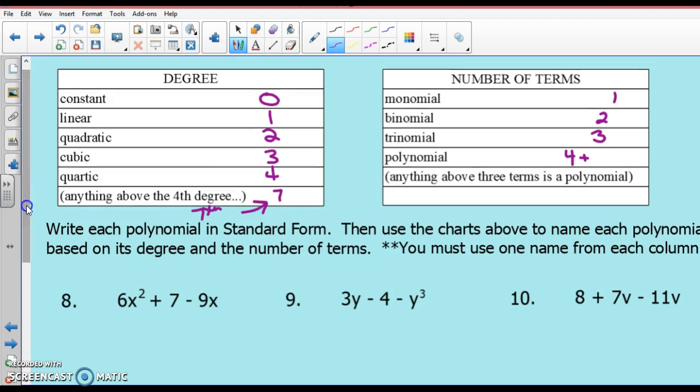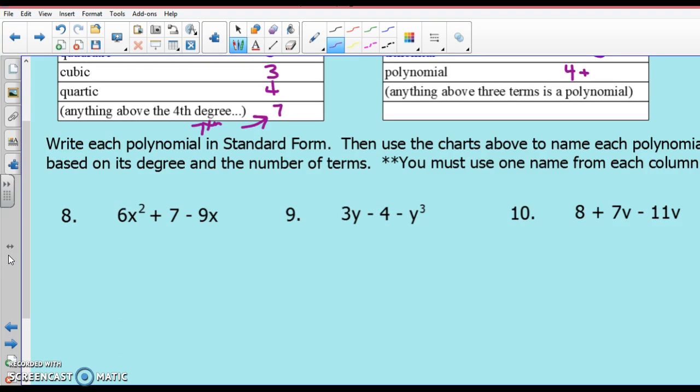All right, now, write each polynomial in standard form, and then use the charts above to name it. So, standard form, highest power, so 6x squared minus 9x plus 7. There's standard form. Now, what's this? Second degree is called what? This is quadratic. 3 terms, trinomial.